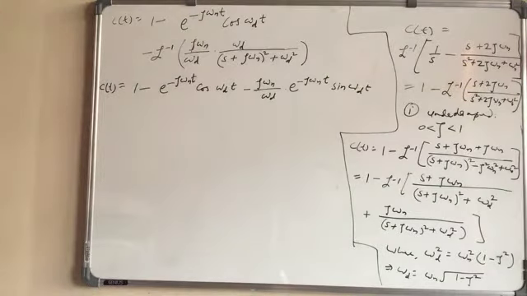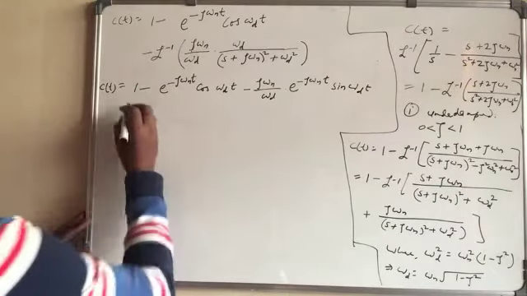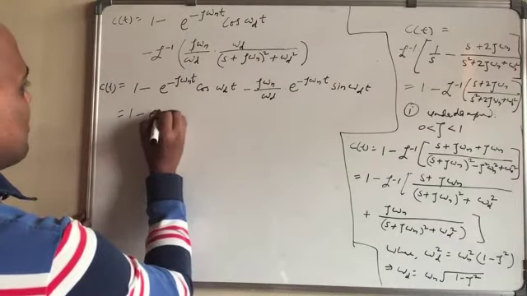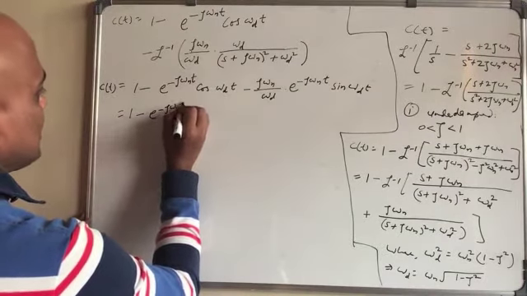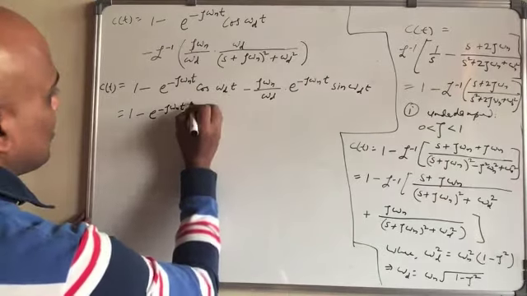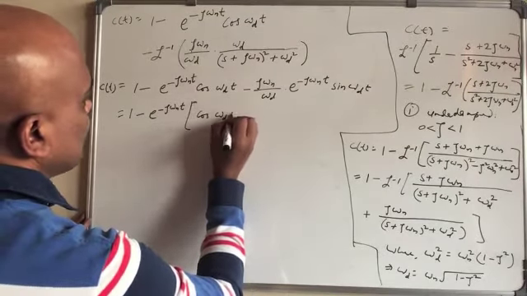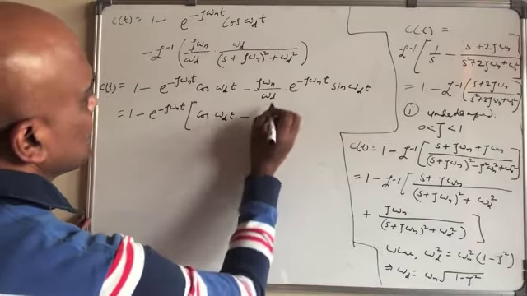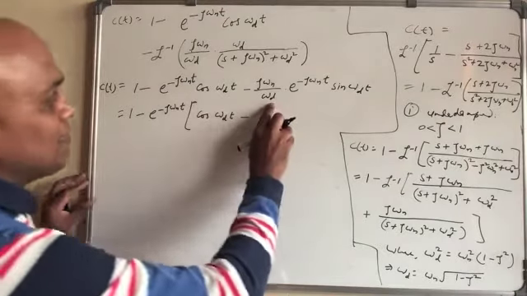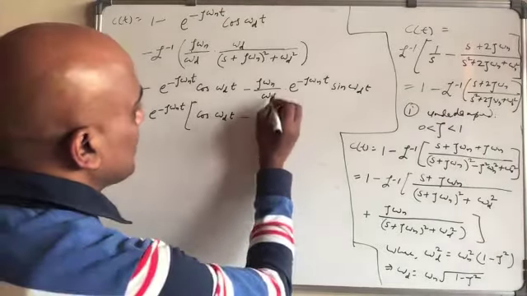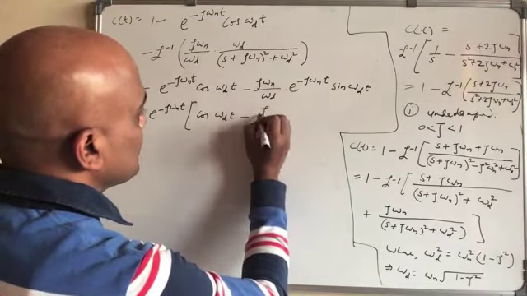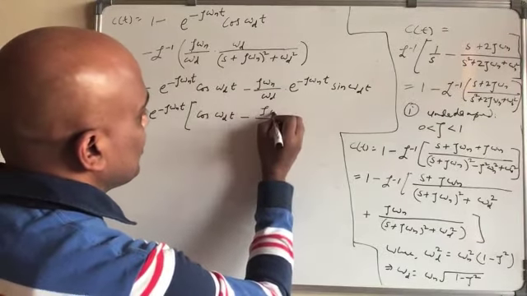Okay, you can simplify further. You can say 1 minus e to power minus zeta omega n t. You can write it as a common thing, and then you have cos omega d t minus, now you can spell out here omega d, it has zeta here and omega n here.